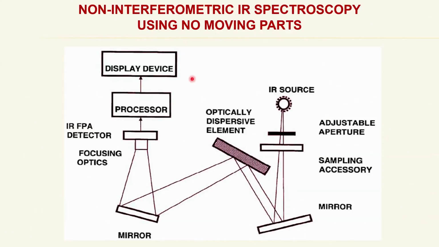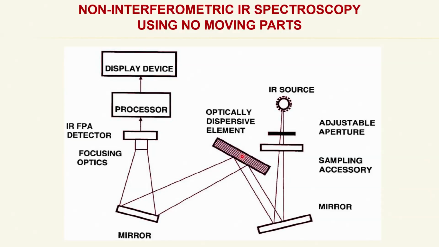So, for non-interferometric IR spectroscopy, this is the typical optical arrangement. I have an IR source here and then an adjustable aperture, basically a slit, and then a sampling accessory. I have a mirror and this is the grating.